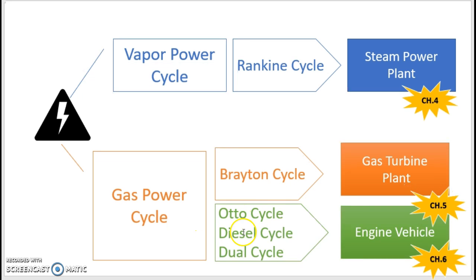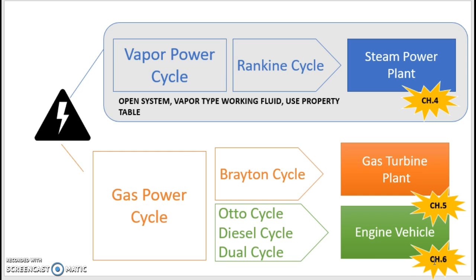And finally, this is the chapter that we are going to cover this week, which is your Otto cycle, diesel cycle, and dual cycle, which is applied in the engine vehicle. And this is what we are going to learn in the final chapter, which is chapter 6, right?